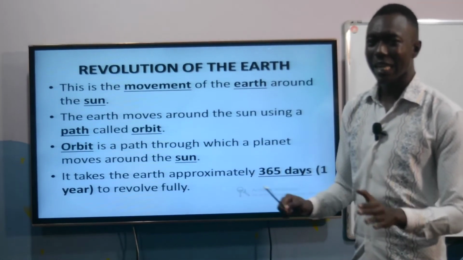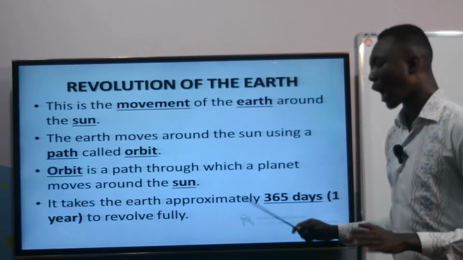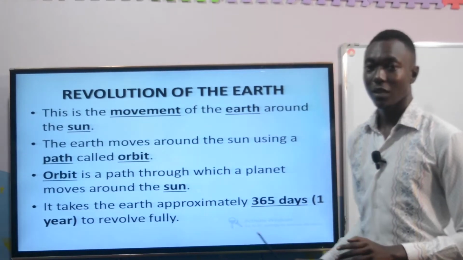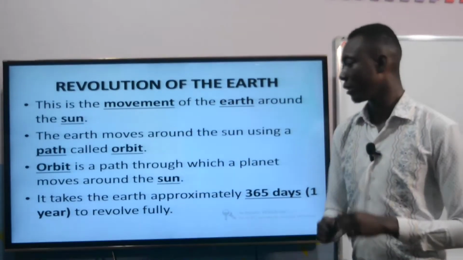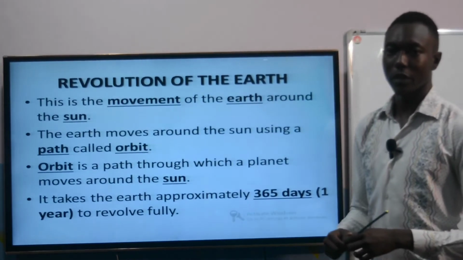How long does it take the earth to revolve fully? It takes the earth approximately 365 days, which is referred to as 1 year, to revolve fully around the sun.